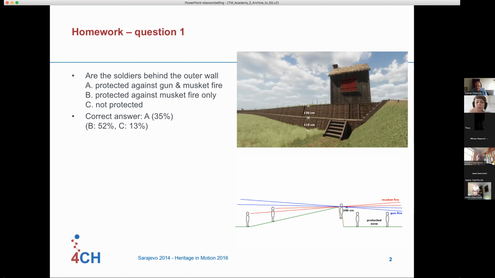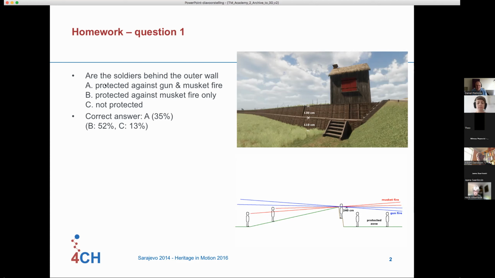The question is, how do these walls work? You have an outer wall, which you see depicted here at the bottom, which has a gentle slope, then a part where you can stand, and then a part which is more receded, which means you're lower.